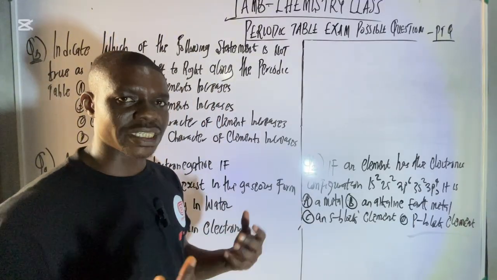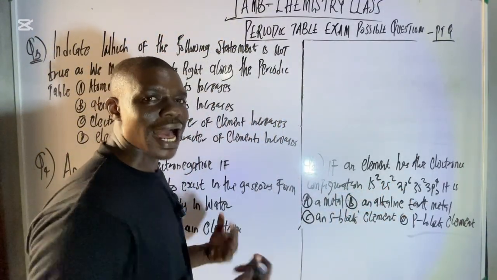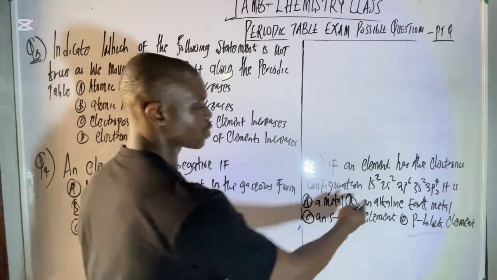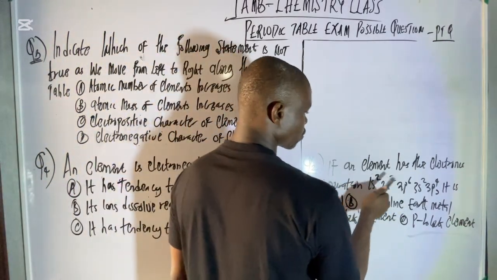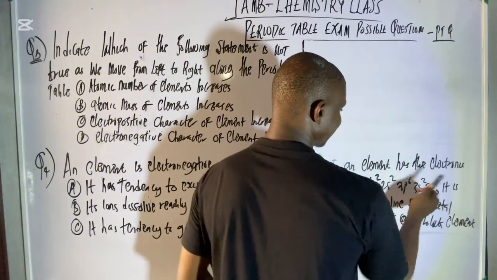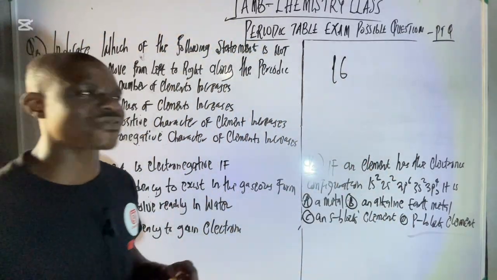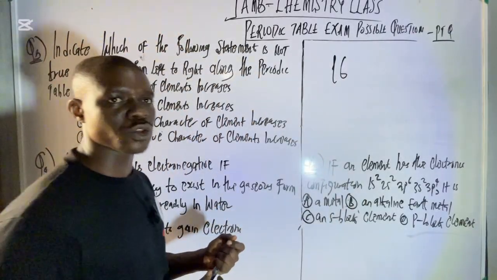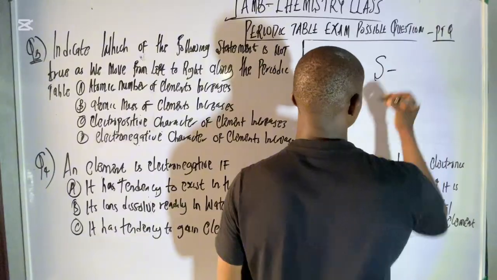Now the easiest way to do this is to know the element that has this electron configuration. How do you know it? By counting the number of electrons. So we have 2, 2, 10, 12, 16. So ask yourself, which element in the periodic table has 16 as the atomic number? It is sulfur.